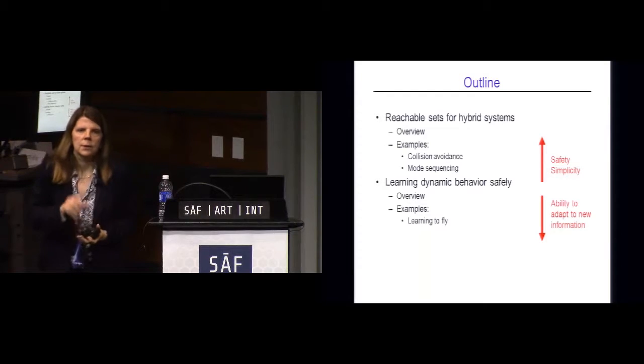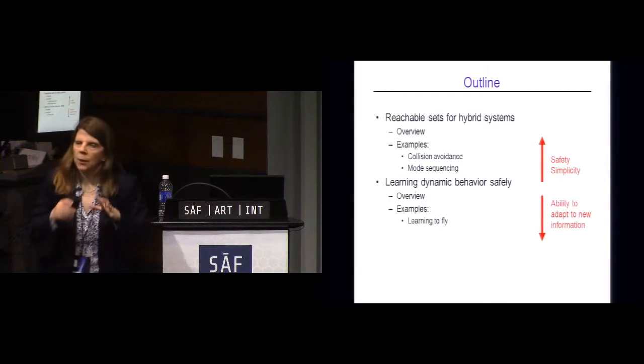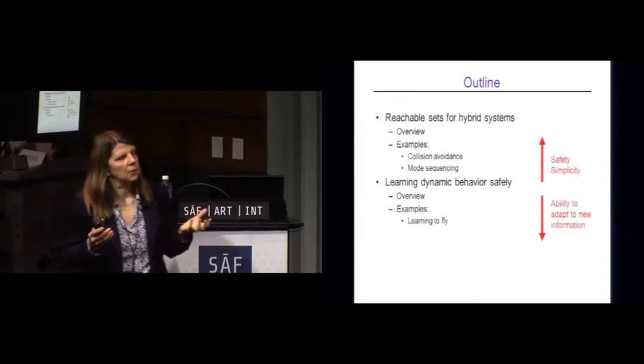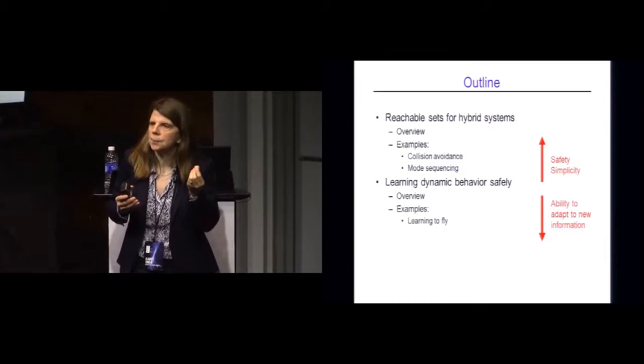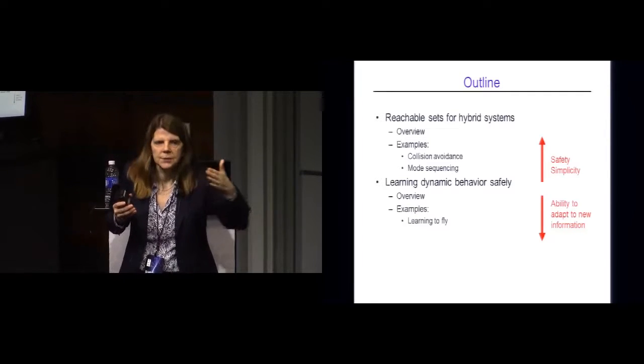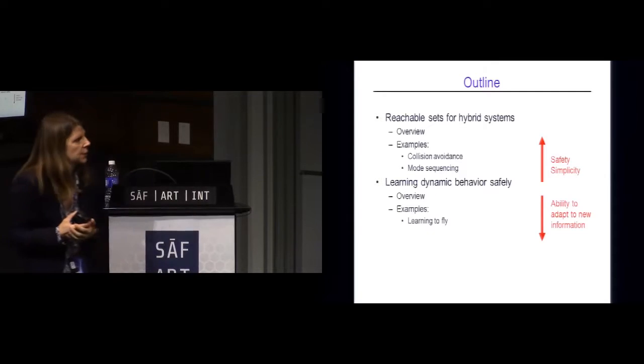Okay, so now let's just switch into the second part, which is this learning component. We have these, I would call them now filters. They're control filters that as you approach the boundary of these unsafe sets, it's going to filter away your control actions so that you stay safe, so that you stay in the safe zones.